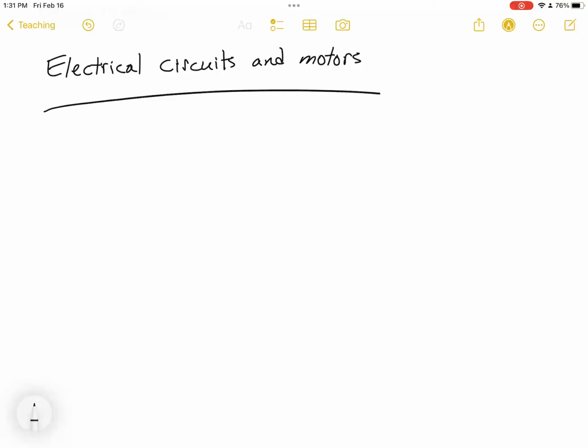We're going to be talking about a couple different quantities. The first one is current, and the current is a measure of the flow of electrons through a circuit.